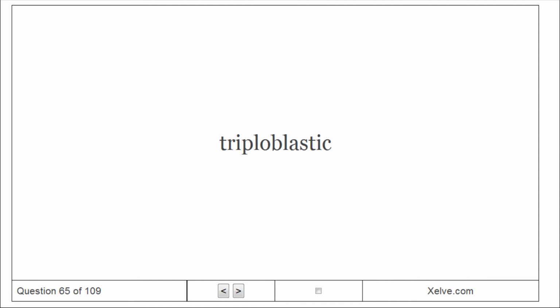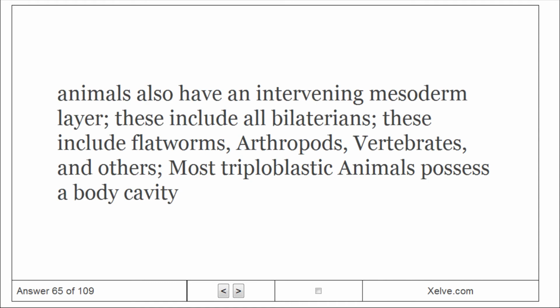Triploblastic animals also have an intervening mesoderm layer. These include all bilaterians: flatworms, arthropods, vertebrates, and others.